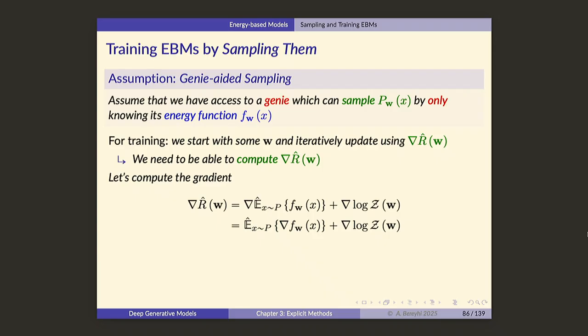Now, this term, can you compute this guy? Forget about the expectation. Can you compute the gradient of this function? Yes, this is the energy model. This is a neural network, and you can compute the gradient by backpropagation. That's no problem. The problem is actually here.